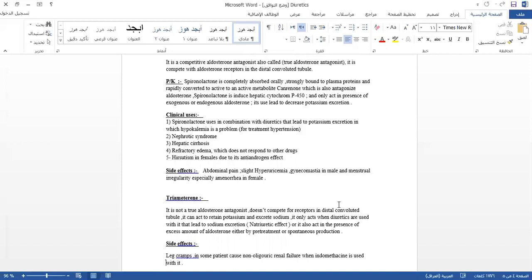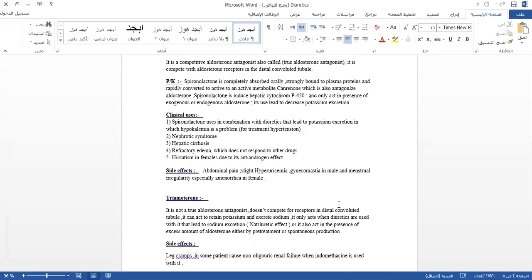Triamterene, another low efficacy diuretic, like amiloride, acts by inhibiting or blocking renal sodium channels. It is not a true aldosterone antagonist and doesn't compete for the receptor in the distal convoluted tubule.